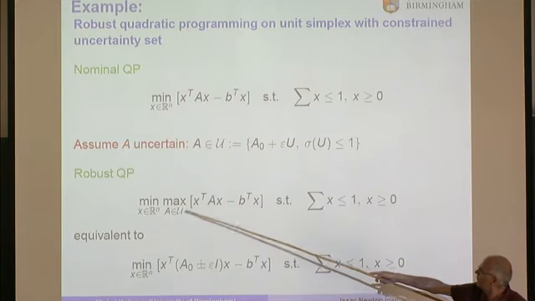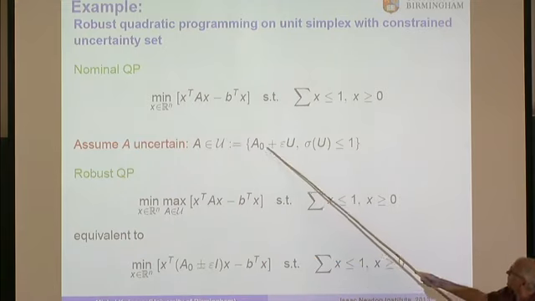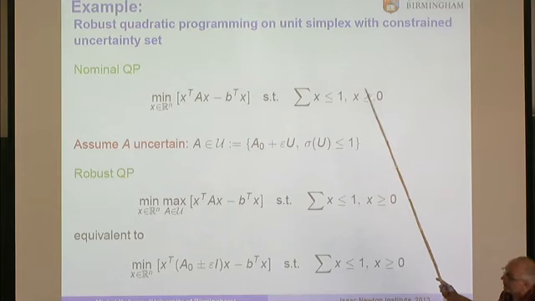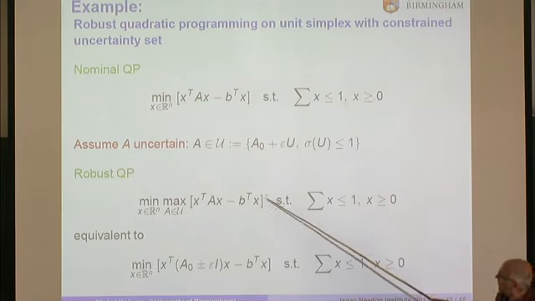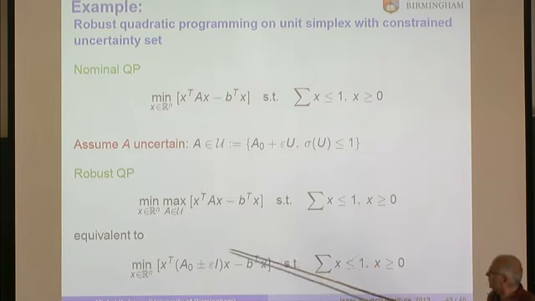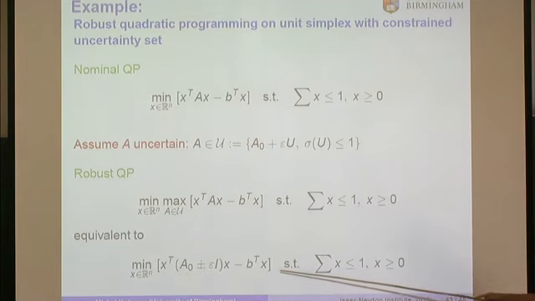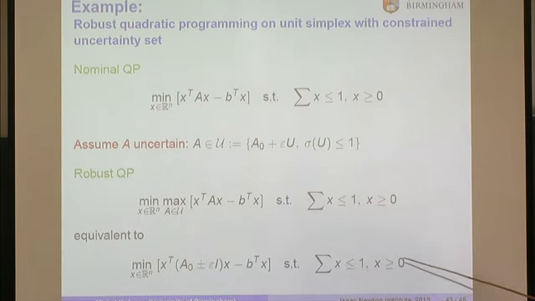The optimum will be attained either with A0 plus epsilon identity or minus epsilon identity. So you can plug in directly the optimal value for this maximization problem into the outer minimization problem. And okay, this is a QP. Well, you solve that QP, it's a robust counterpart.